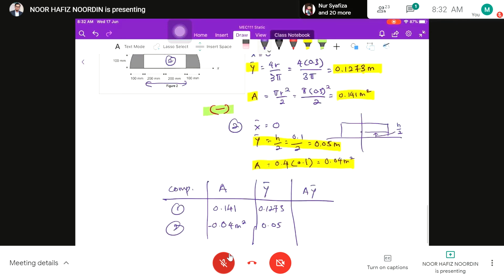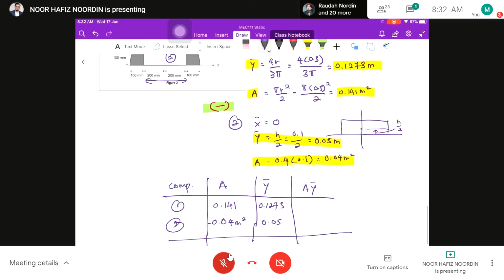So kita calculate lah. Calculate A times y bar. So we will get the value of 0.0179, and then for the second component the value is negative 2 times 10 to the power of negative 3, and then we determine the summation of A times y bar.